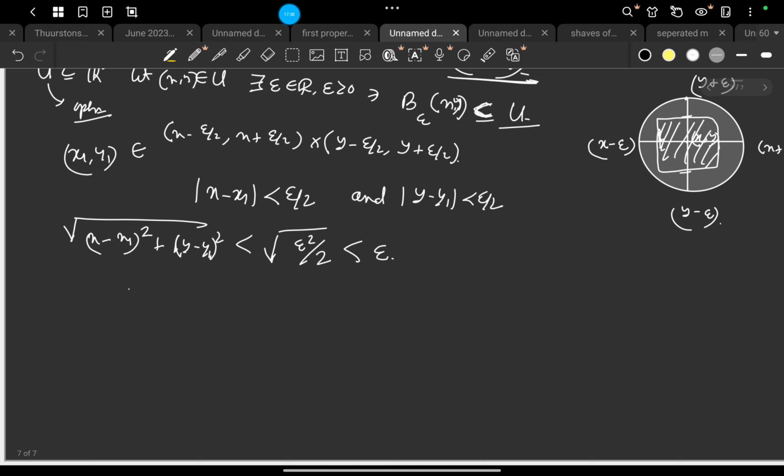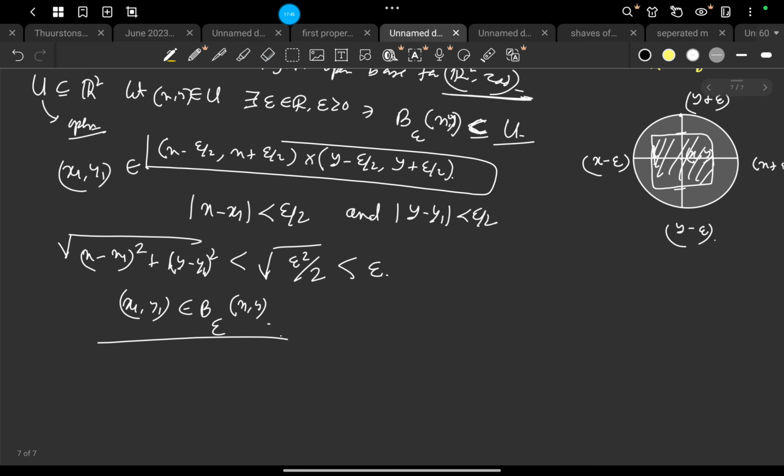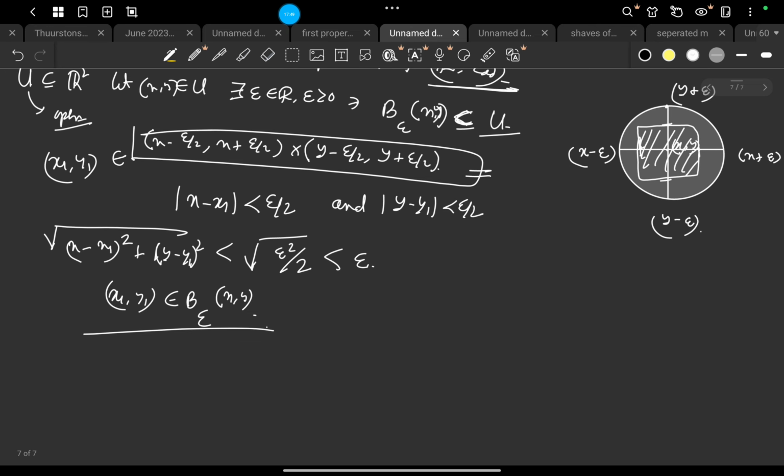So that means (x1, y1) is inside B((x, y), epsilon), the open ball. So if any particular element of this open rectangle is inside this open ball, let us consider this open rectangle as R(x, y). So R(x, y) is inside B_epsilon(x, y).